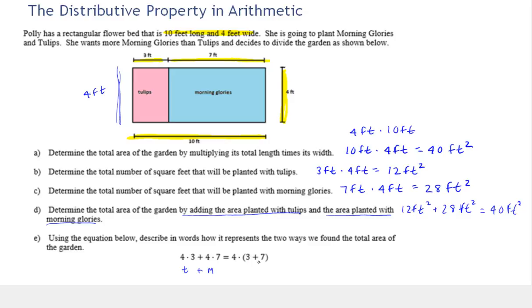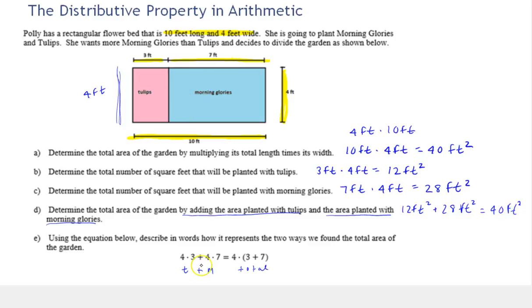So now remember, even though multiplication comes first, when we have parentheses, that trumps the multiplication. So first we'd add 3 and 7, which is 10. Well, that corresponds to the entire length of the garden and 4 feet wide. So this is the total garden, looking at the two quantities combined.